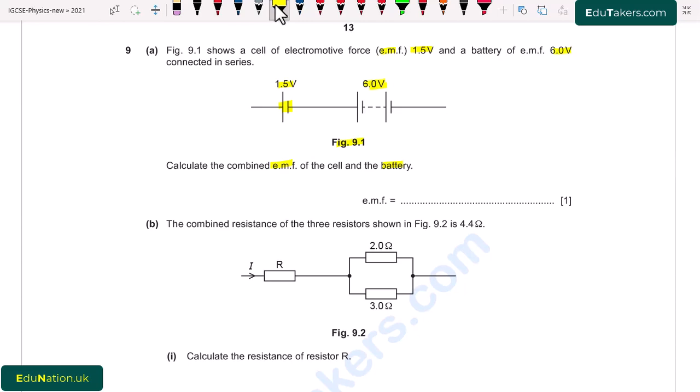So the combined EMF will be equal to the EMF of the cell plus the EMF of the battery. So I write here, EMF will be equal to EMF across cell plus EMF across battery.